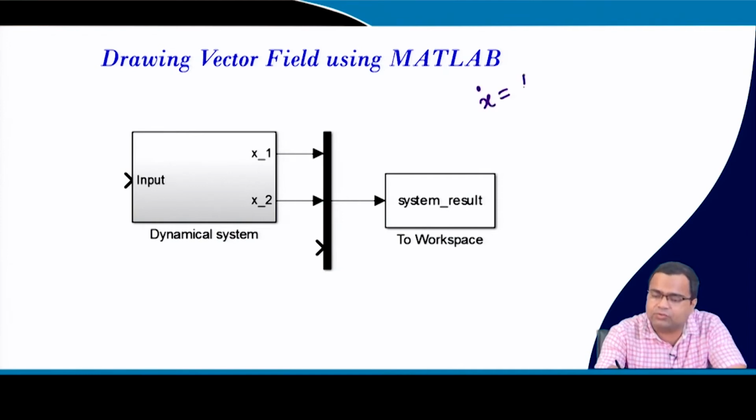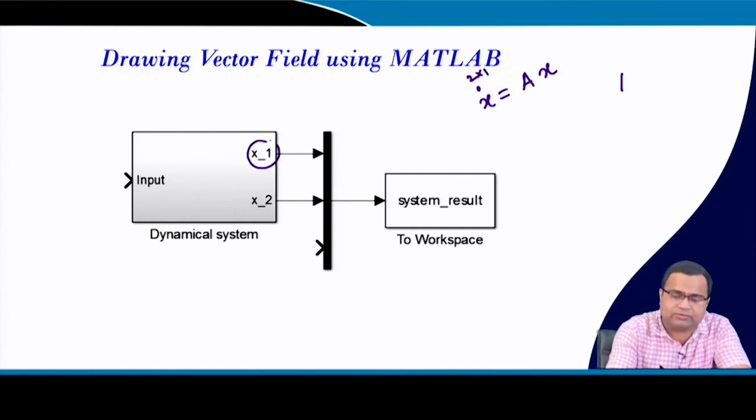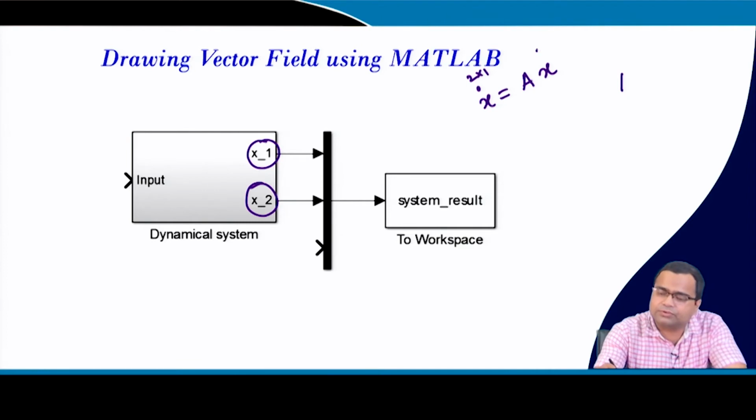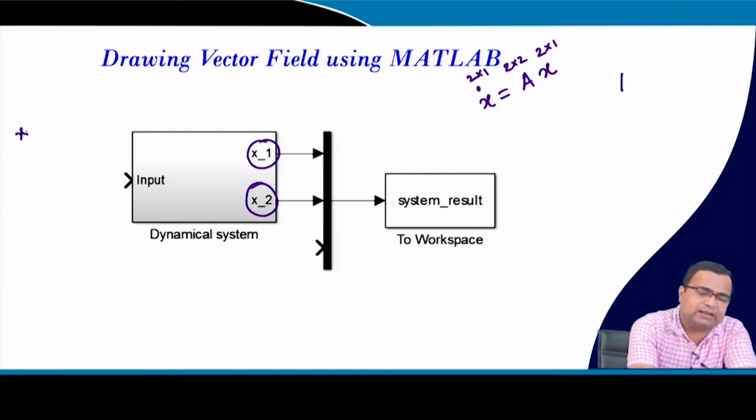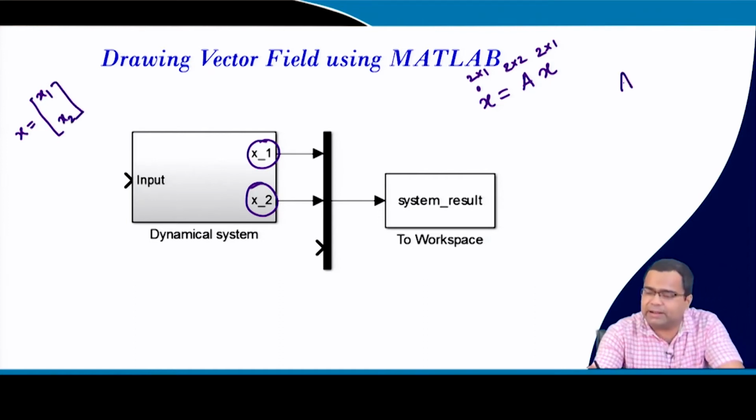So, first I have considered one dynamical system, and what is the dynamical system? X dot equal to Ax, right, and since we have taken only two states, you can see x1 and x2. So, this has to be 2 cross 2, and that means what is my state vector? It is nothing but x1 and x2. And what is my A matrix? I have taken A11, A12, A21, A22.